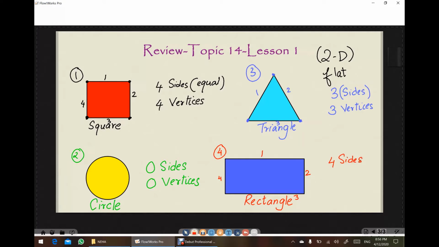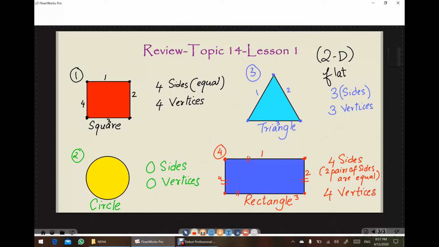And we also learned that only 2 pairs of sides are equal. It means this side and this side, these 2 sides are equal, and this side and this side, they both are equal. Okay? And how many vertices? 1, 2, 3, 4. 4 vertices.